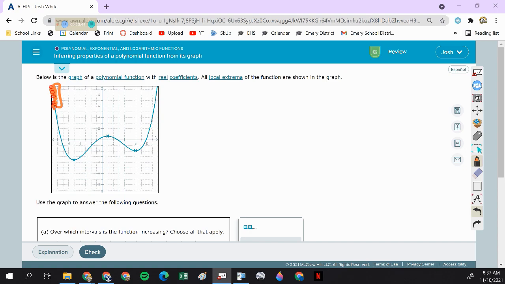So it's going downhill from here to here, and also from here to here. Okay, those are called decreasing. And we're not so much concerned with how far the roller coaster drops. We just want to know when in time is the roller coaster going down the hill.